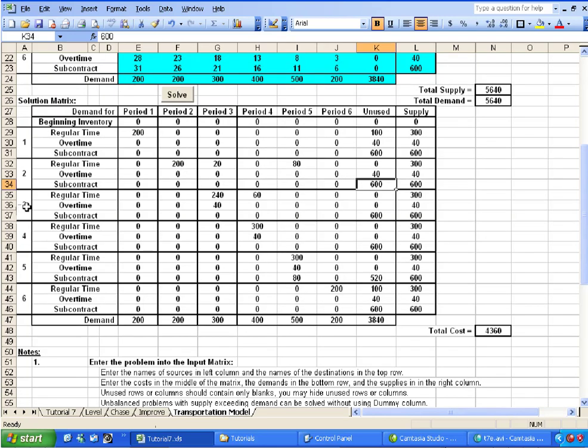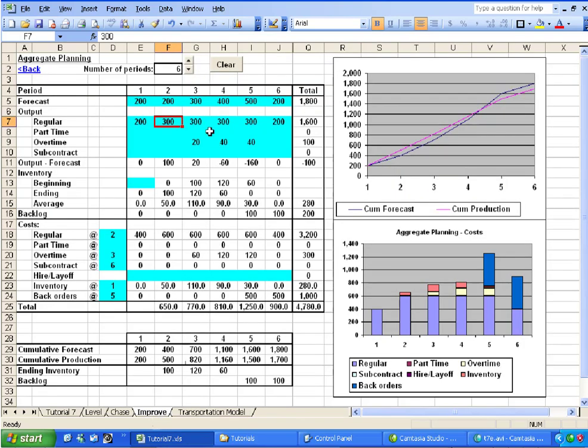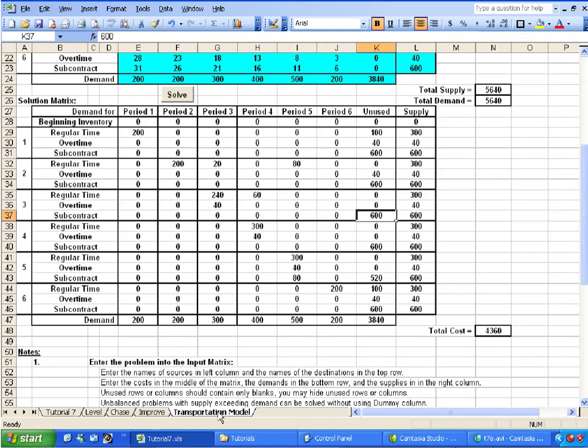In the third period, we again used all regular time, and we also used all overtime and no subcontracting. So we need 40 units to use our entire allotment of overtime.